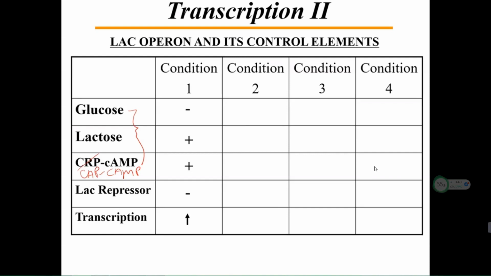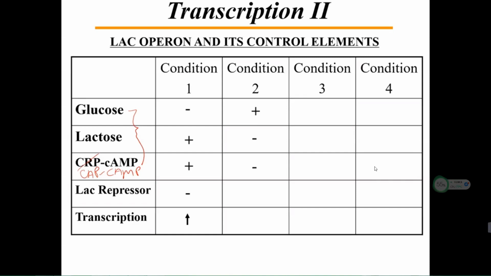Let's go through condition number 2, where we do have glucose in enough concentration in the media, no lactose. The effects of glucose will definitely decrease the cyclic AMP levels, so our CAP protein is not bound to the upstream region from that promoter region for RNA polymerase.